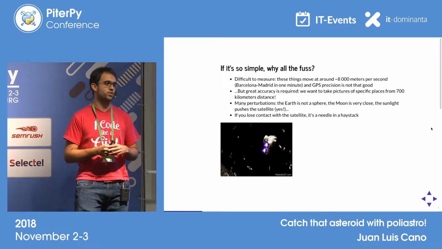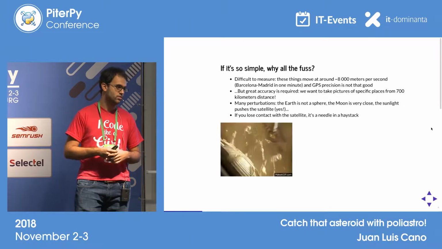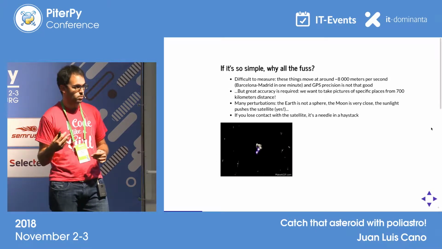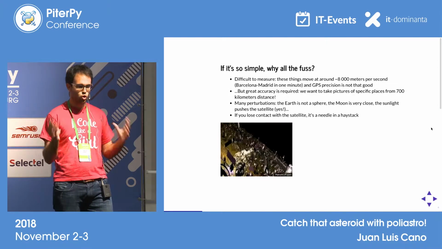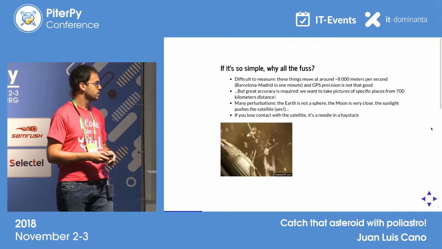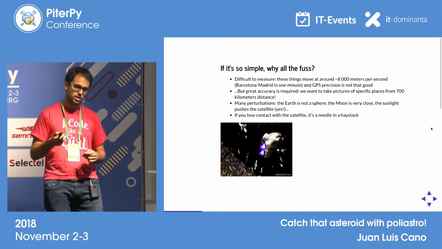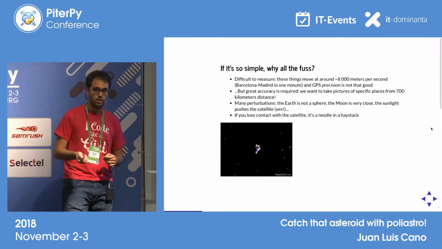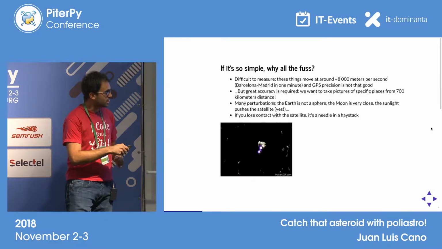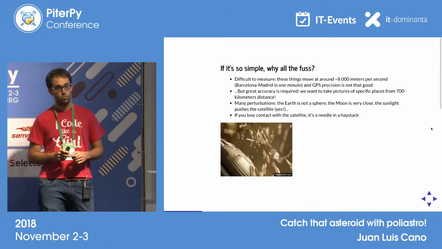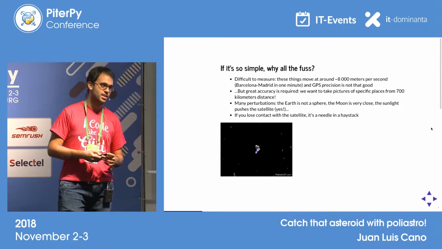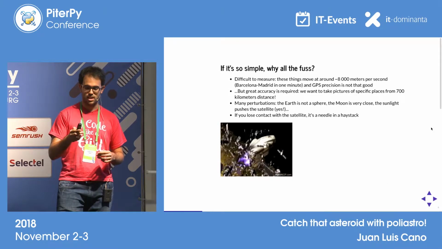And you even have the pressure from the sun itself, because the radiation from the sun is changing the orbit itself. So you have to take so many things into account that are very difficult to have all together. So it's quite intensive in terms of computational resources if you want to do a proper analysis. And last thing, if you lose contact with the satellite, well, it's much worse than a needle in a haystack, because finding something in space without knowing where it is, it's an impossible task.